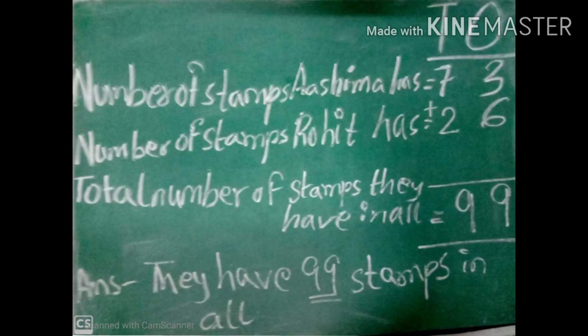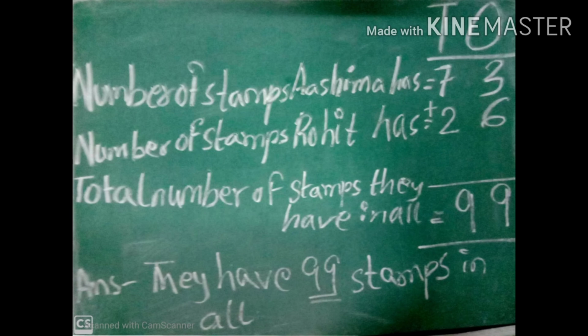Now let's see the statements. Statement number 1. Number of stamps Ashima has equals 73. Statement number 2.